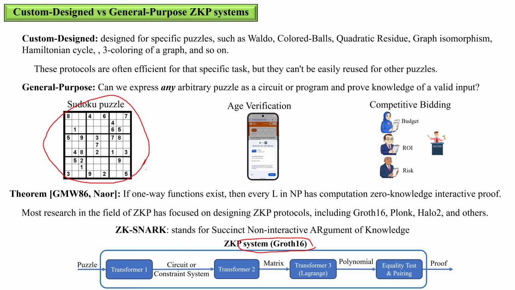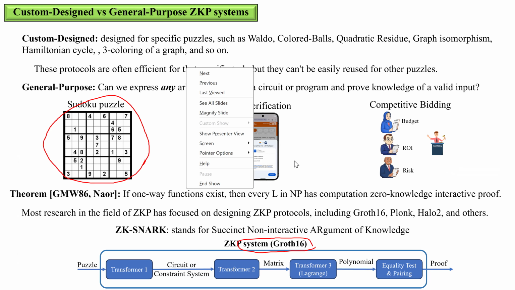The implementation could be executed, and the prover that claimed that I know the correct answer for this Sudoku puzzle can generate the proof and then send the proof to the verifier, something like that, right?